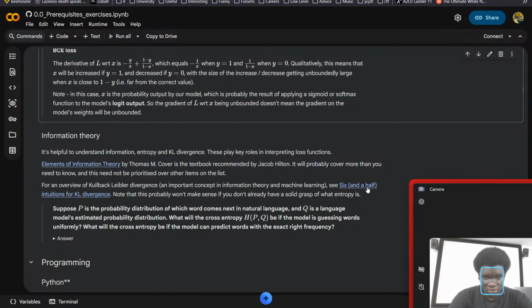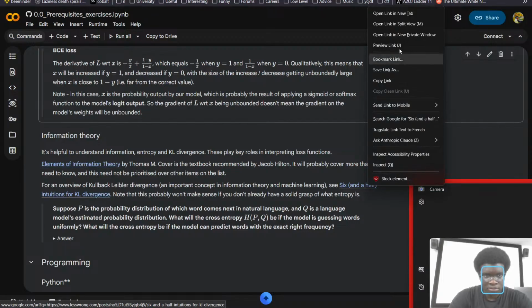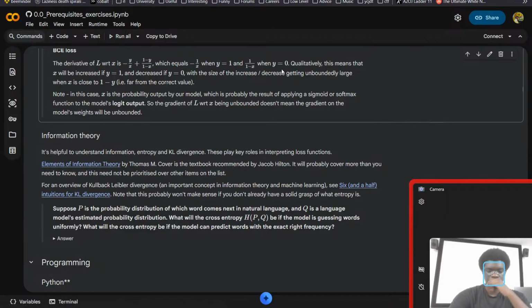Yeah, so I guess I will read this article because I have no idea what KL divergence is. It does say that I should know what entropy is, so I guess I'll define that.